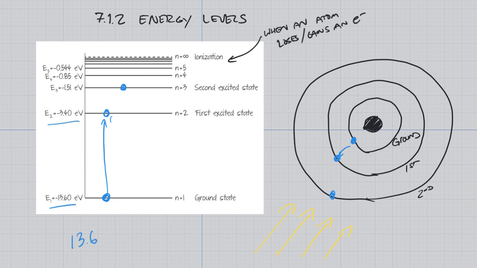So if we went from 13.6 electron volts to 3.4 electron volts, that means I gained 10.2 electron volts of energy. And so, based on the concept that light carries energy in the form of E equals hf, there is a single frequency of light which is going to carry that much energy.